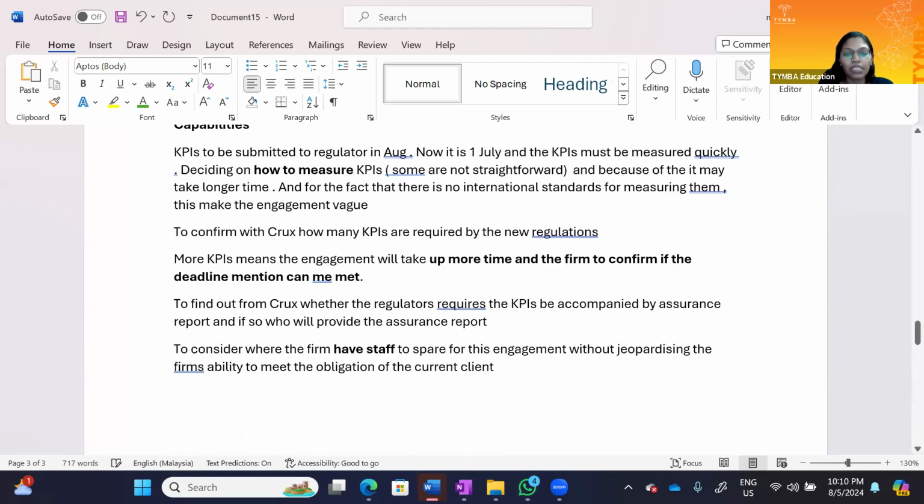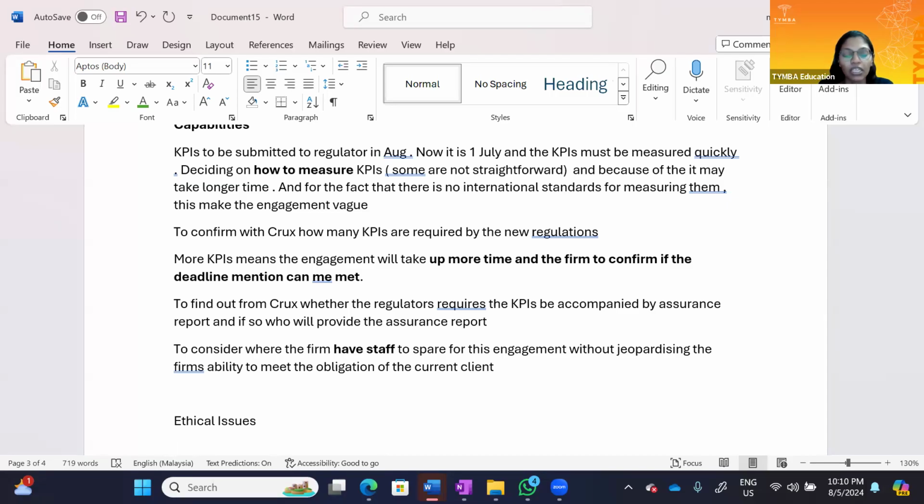Once we have discussed capabilities, we can discuss ethical issues. On ethical issues, the main ones are two things. One is self-review threat. The second is that they are asking us to advise. Whenever they ask us to advise, we worry whether it can create a management decision threat or not.